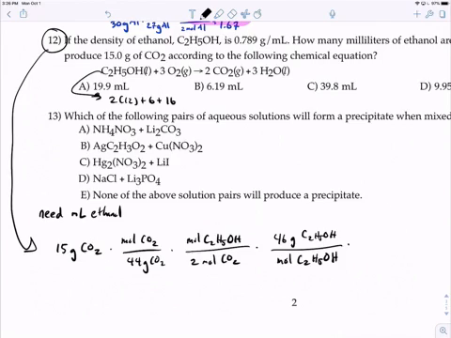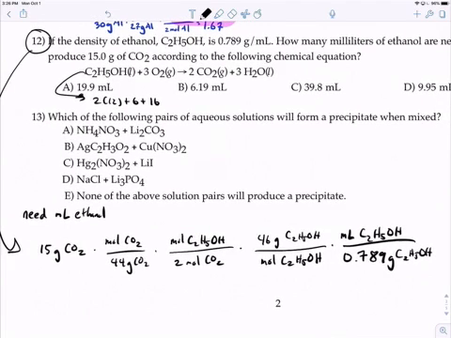And this is the last step that gets people messed up. Milliliters C2H5OH to 0.789 grams C2H5OH. And if you see the way this is written, the grams CO2 cancel, the moles CO2 cancel, the moles ethanol cancel, and the grams ethanol cancel.